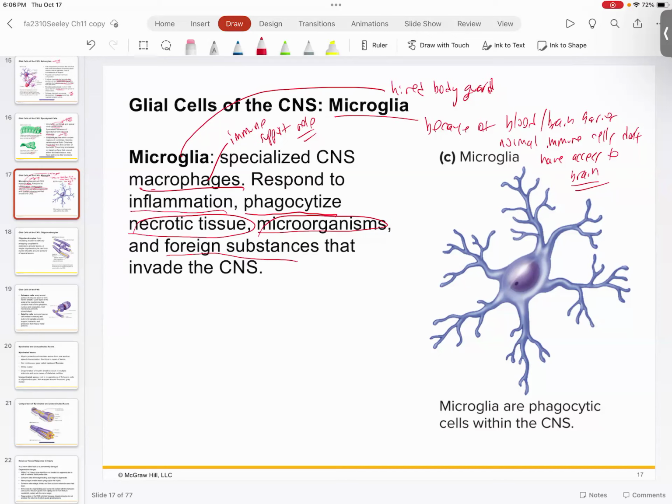If a pathogen gets into your nervous tissue, it's like getting into an area where there is no law. They can do whatever they want. So having your microglia is like having your hired bodyguard.